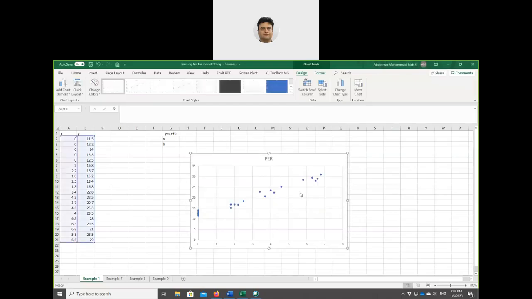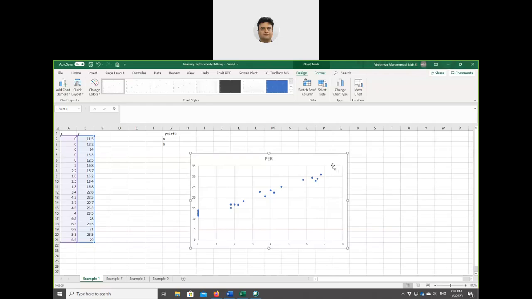The first step is done. We have our data here. This data is for x, the independent variable, and these are for the dependent variable. We measure this as we feed the animals different amounts of protein.